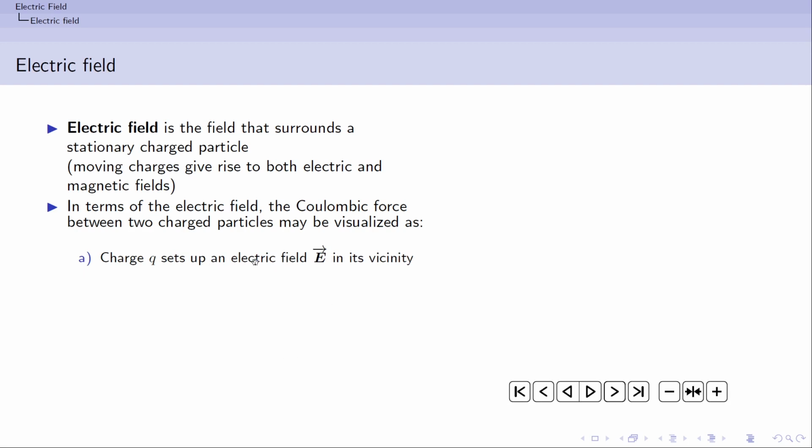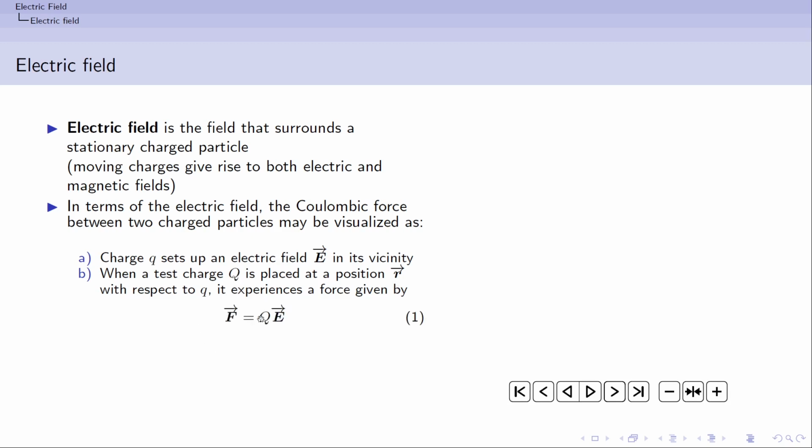A mass like the earth sets up a gravitational field, and if I place another mass in it, it is going to experience a force. In a similar way, if I place a test charge at some position r with respect to Q, this test charge is going to experience a force, and this force is given by force is equal to charge into the electric field.